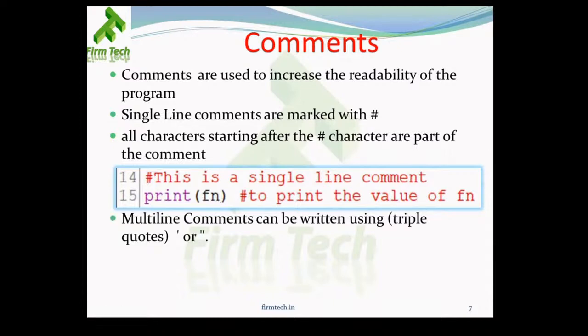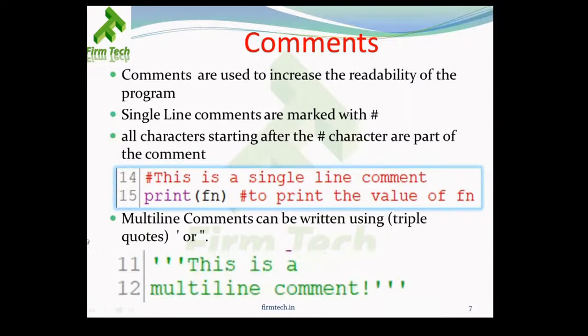To have multi-line comments, we should use triple quotes. These triple quotes can be single quotes or double quotes, either triple single quotes or triple double quotes. The lines inside the comment should start with triple single quotes and end with triple single quotes, or start with triple double quotes and end with triple double quotes.